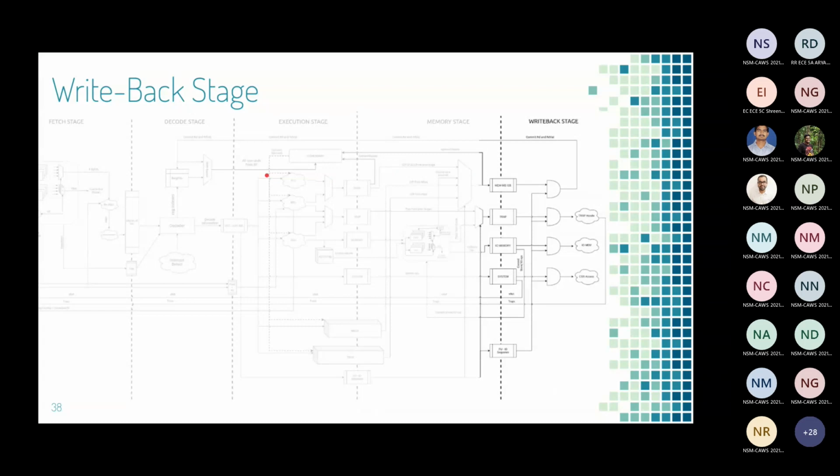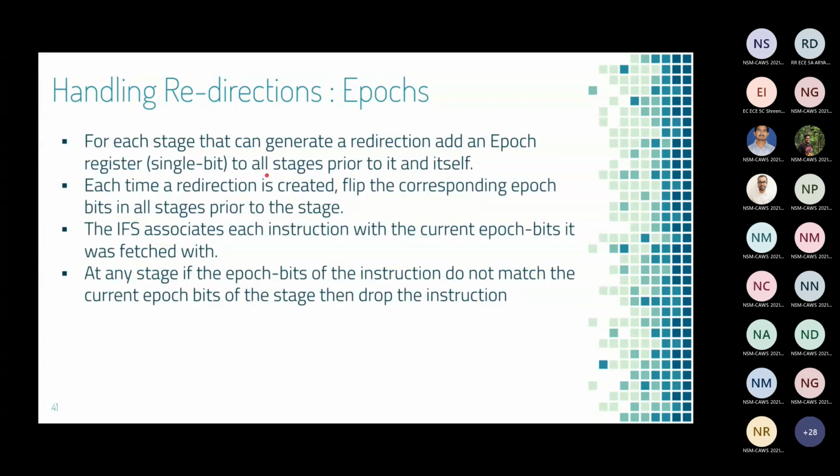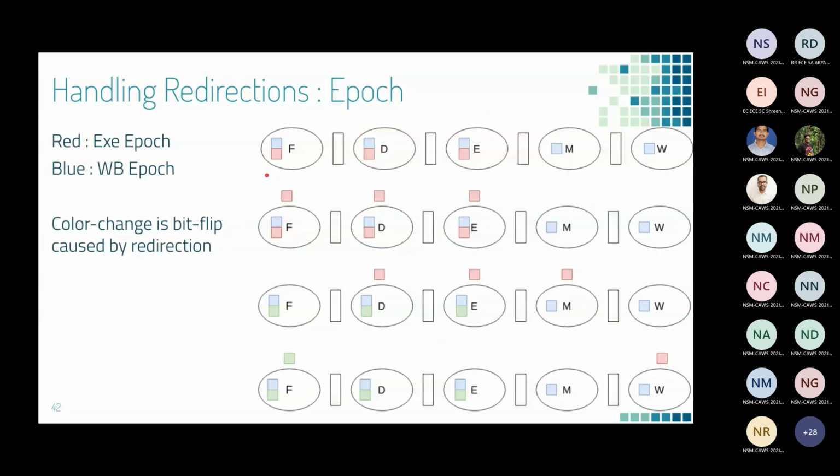So this becomes a very lightweight operation. You basically just have 1 bit in each stage for the epoch of the execution stage, for any misprediction that the execution stage can detect. Similarly, we also know that write back can generate a redirection. So for all stages before the write back, we associate a write back epoch for every stage before it. Right?